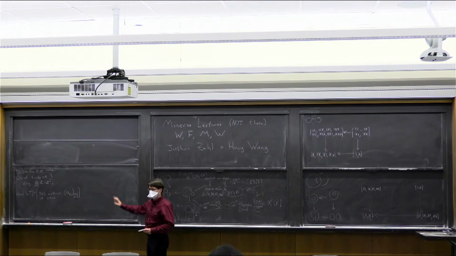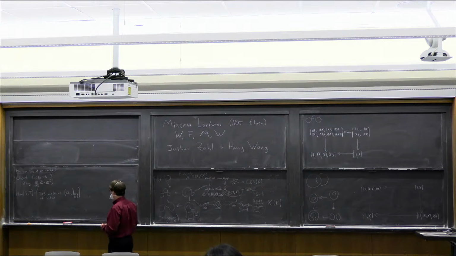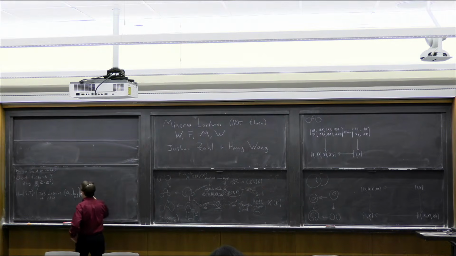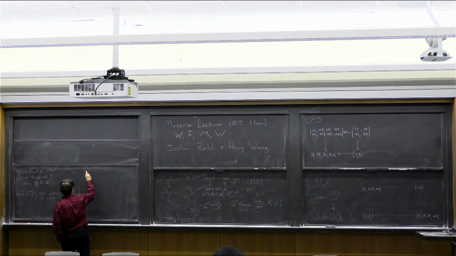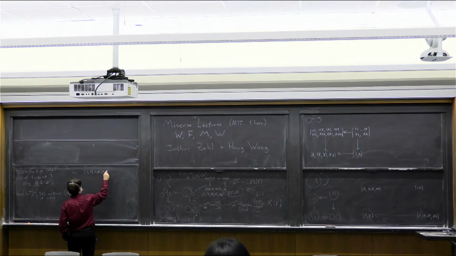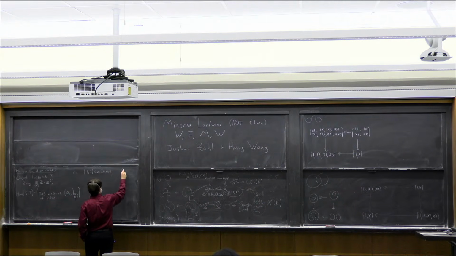I'm writing it in the correct order, but don't get too distracted by like S by T, T by S. So for example, the set {1, 2} is an object of this category, free abelian groups. So that's like Z plus Z.